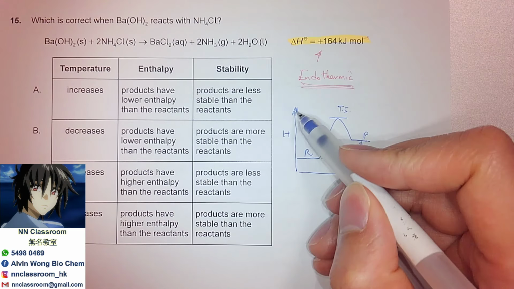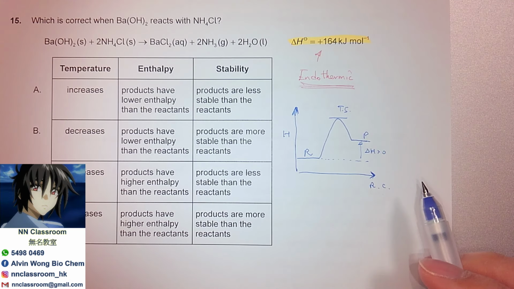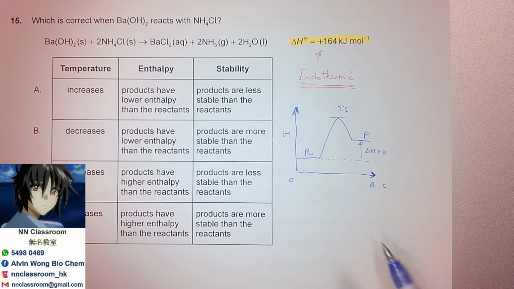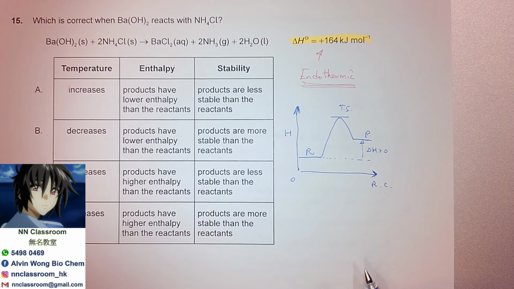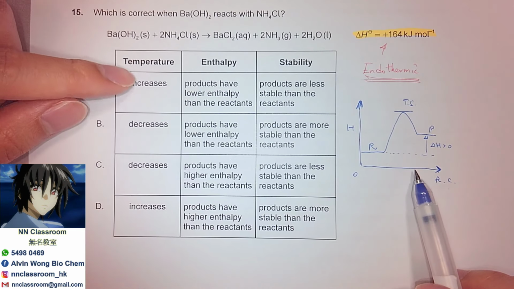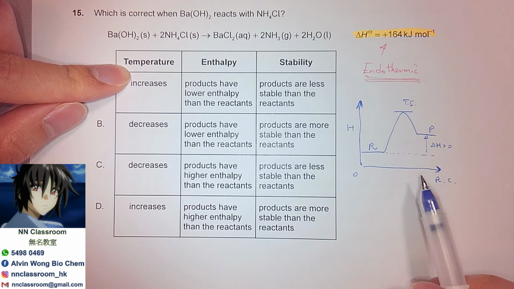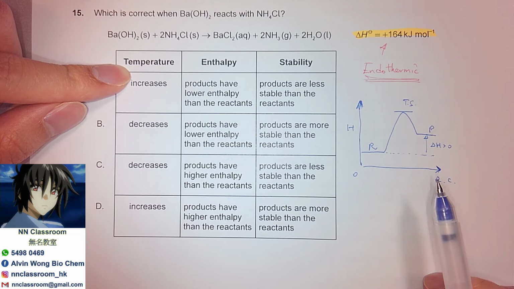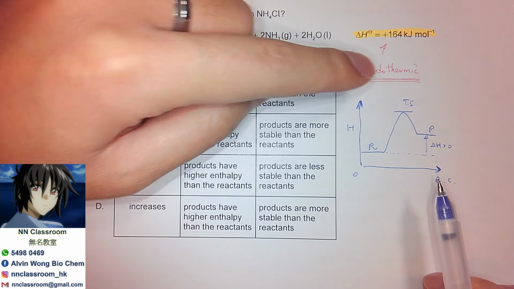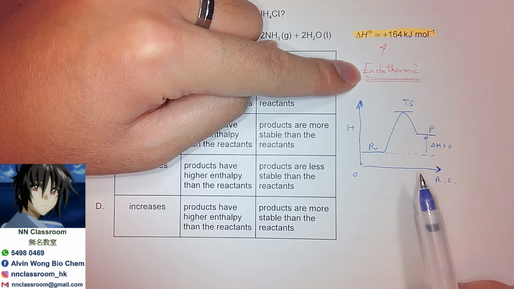So if students remember the sketching of this energy level diagram, or simply called the energy profile, they can arrive at the answer really quickly, right? So that is going to be, first of all, temperature. Temperature is a really important indication, indicating whether it is going to be an exo or endothermic reaction. So remember, endo, you can understand it as the heat being absorbed into the system.